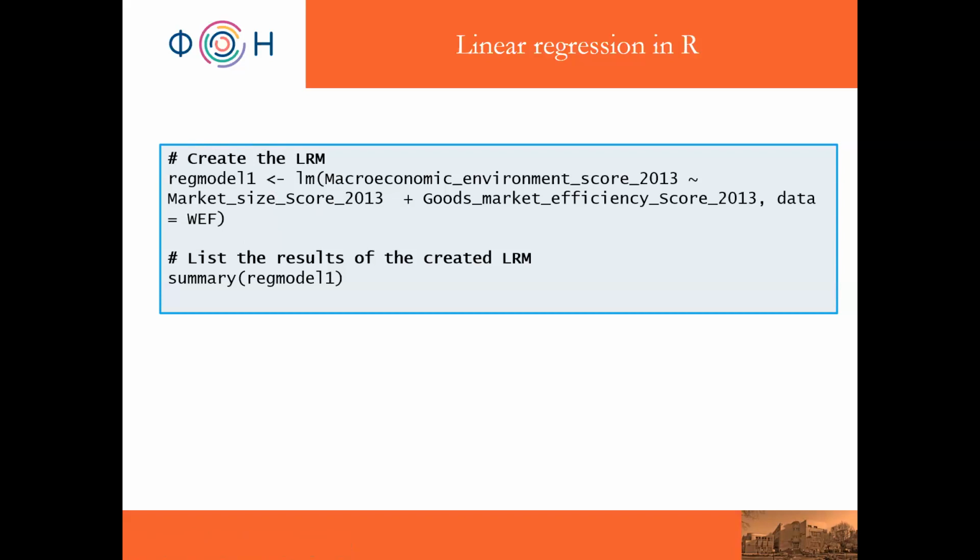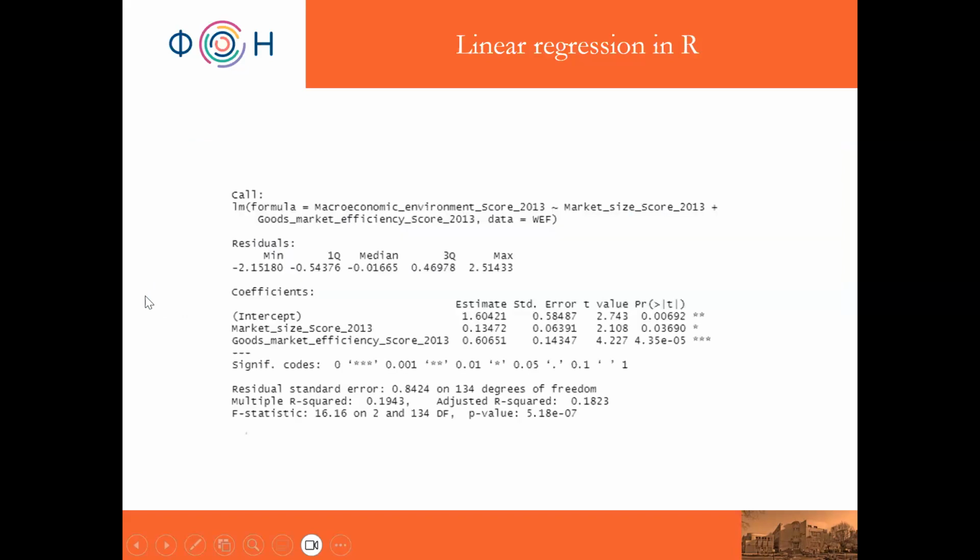So we want to see the results and to see whether our model is or is not statistically significant, what our estimates are, and so on. So basically, the first function just creates the model, while the other one evaluates the model and provides us with the results. So this is the output you should have obtained.